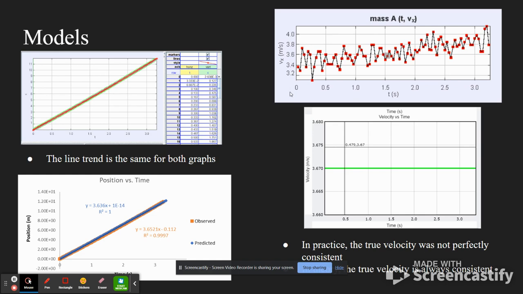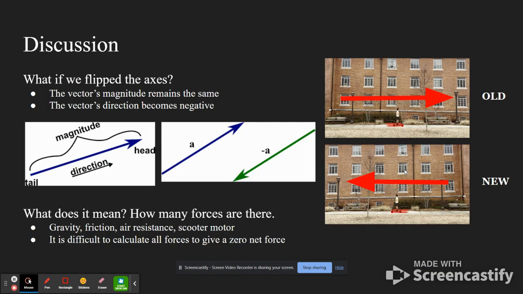Since I was at a far distance, it was difficult to track the exact position. As you can see by the code, the velocity is constant as it should be. So in practice, the true velocity was not perfect, but in theory, it should be consistent all the time.